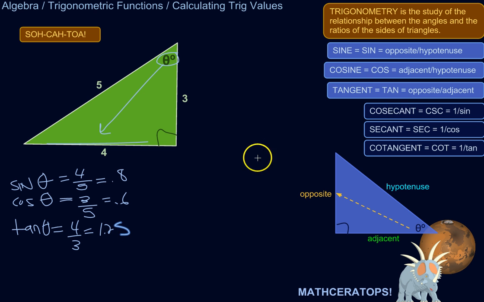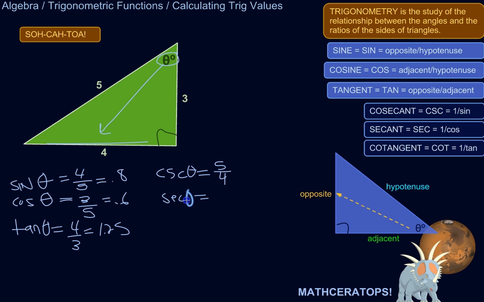Alright, now cosecant is just the reciprocal of sine. So just flip it over. If sine is 4 over 5, then the cosecant is 5 over 4. Secant, I should say, cosecant of theta is 5 over 4.